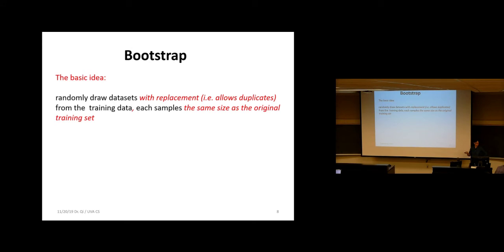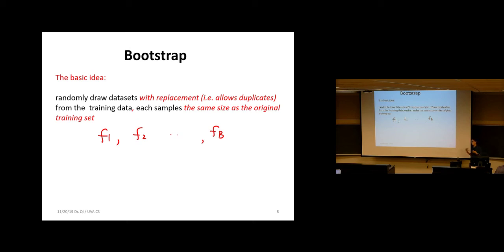The basic idea we already covered: bootstrap, and we use bootstrap with replacement. This is very important. If your base classifier is a decision tree, you already decided, and you want to learn F1, F2 until FB, B different classifiers. How do you create B different classifiers from one training set?